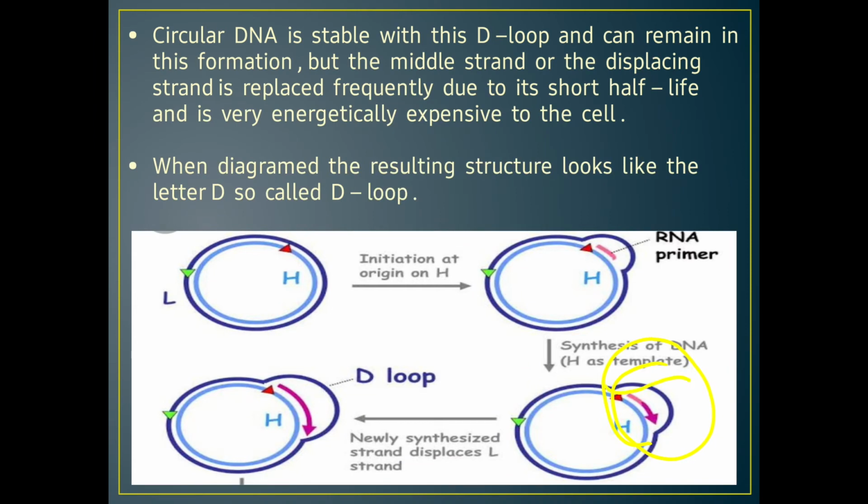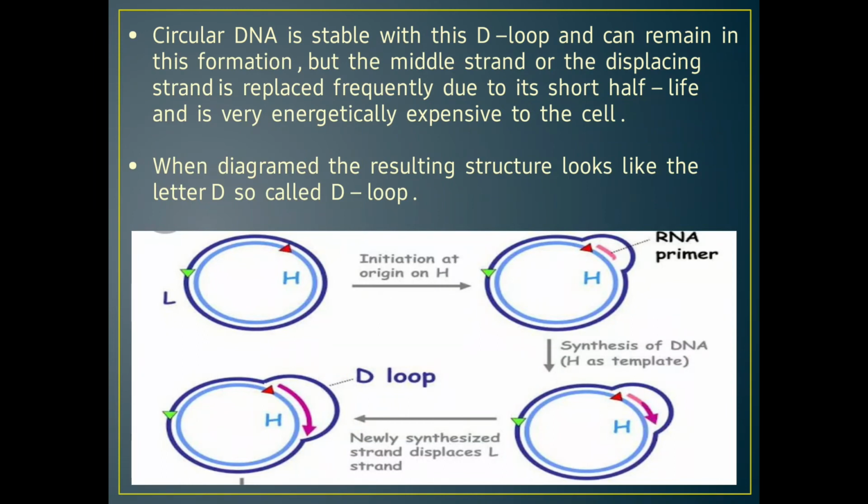The newly synthesized strand displaces the L strand. So the RNA primer came, then DNA synthesis occurred, with the H strand as a template strand. It made a complementary strand, due to which a loop occurs, and that loop is D-shaped. So we say it is the D loop structure.